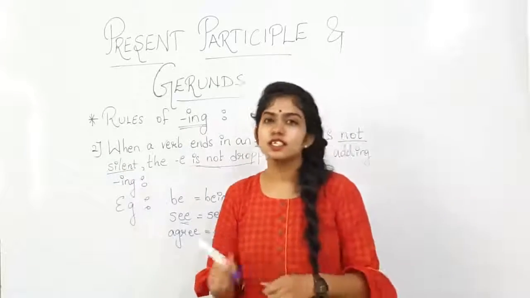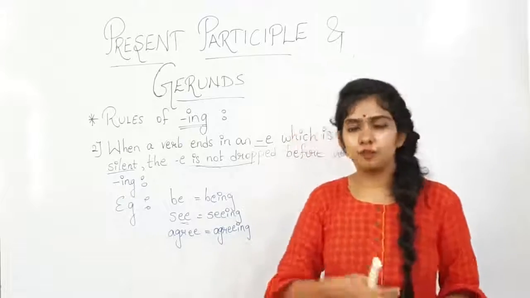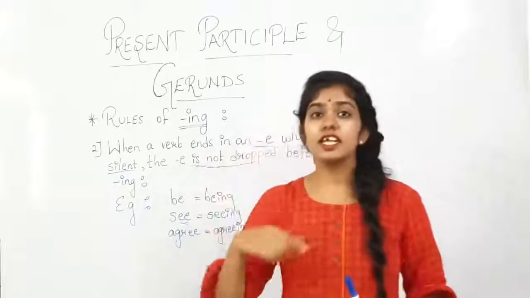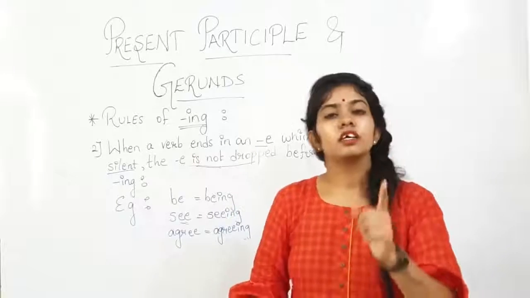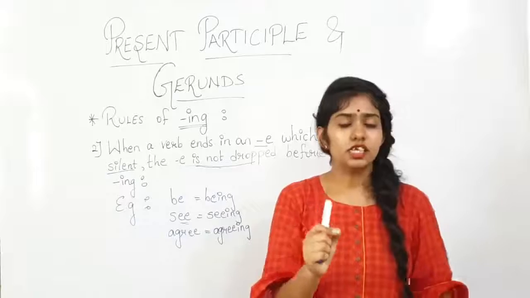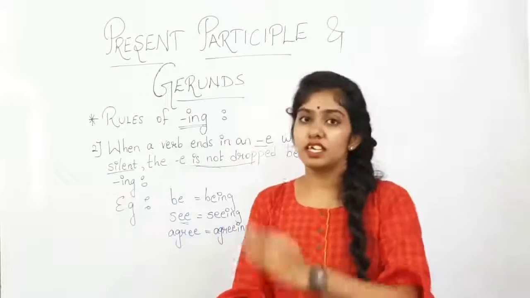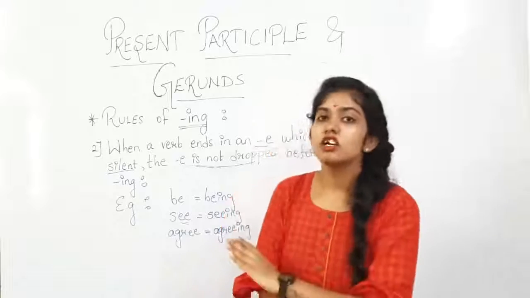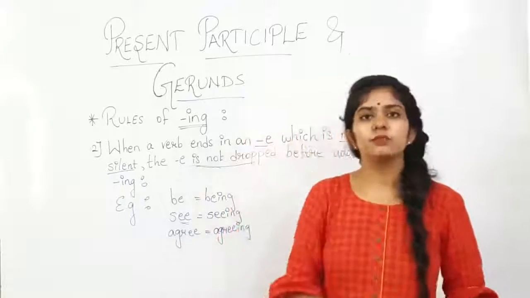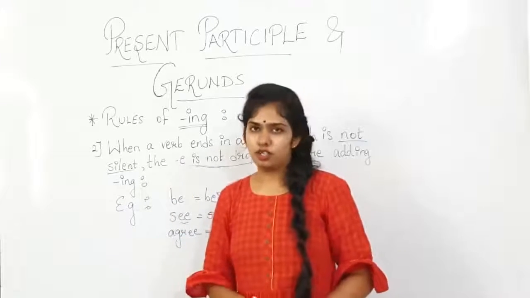So students, you can see that we have various rules of adding ing. The first rule: when the word is ending with E, but the sound of the E is silent, we are not speaking that sound, then we will drop the E, means we will cut the E and write ing.